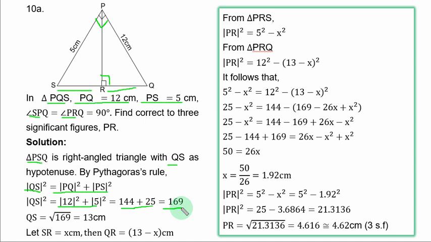To get QS, take the root of both sides, that is QS equal to square root of 169, and that is 13 centimeters.